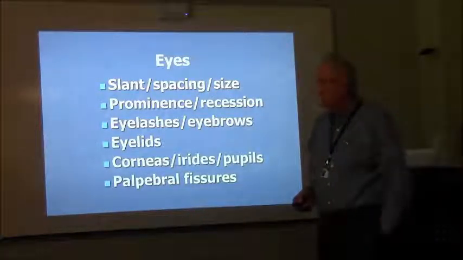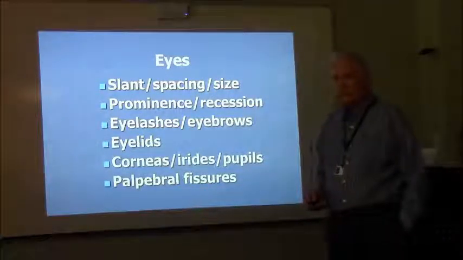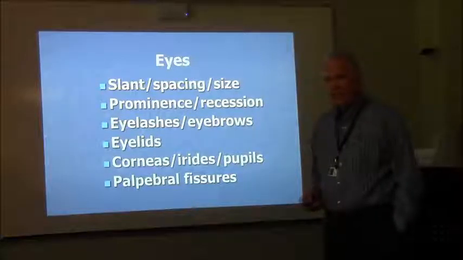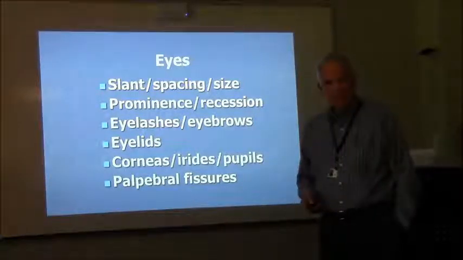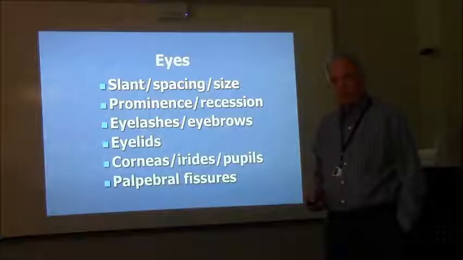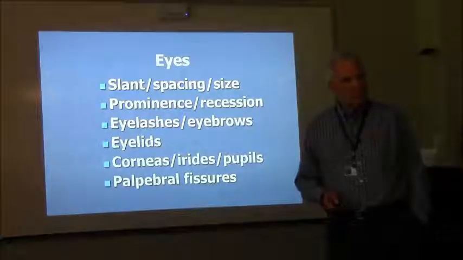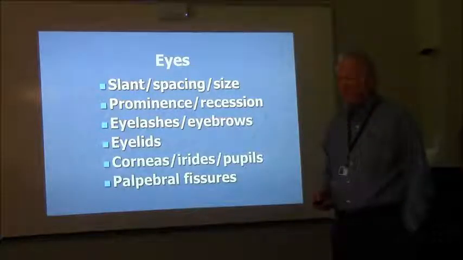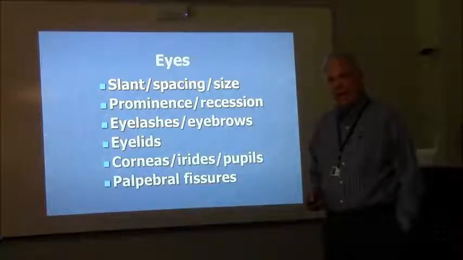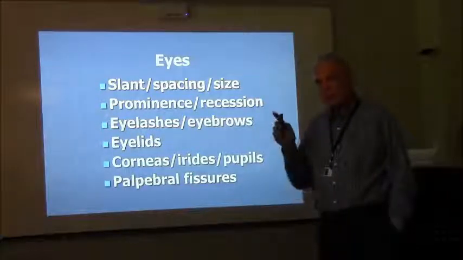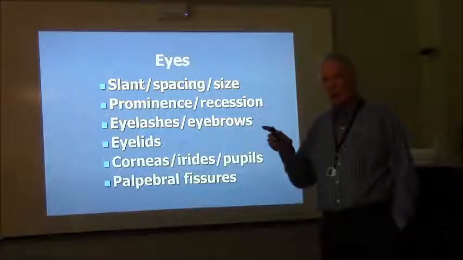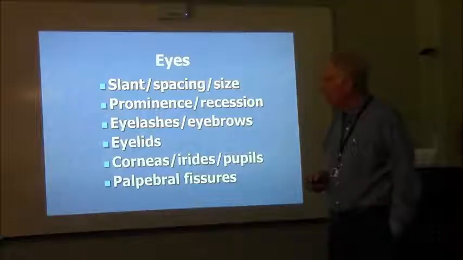The eyes, of all the structures of the face, tend to be the most beautiful and the most informative and the most misdiagnosed. So you need to have a good idea of what you're seeing and why it's there, particularly if you suspect some abnormalities.